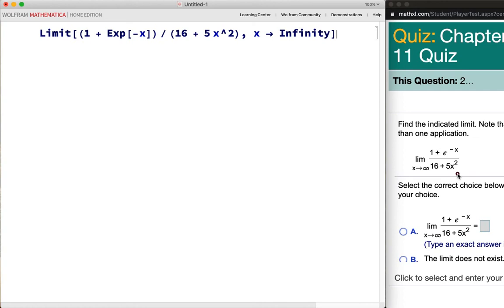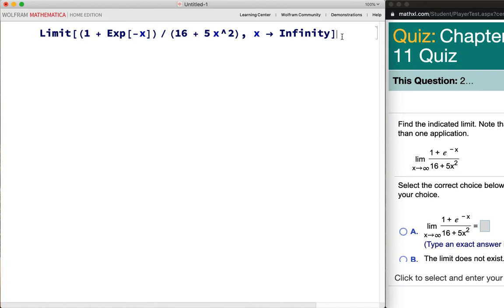So what happens is we're taking the limit of this fraction where the numerator gets closer and closer to the number 1, but the denominator becomes arbitrarily large as x becomes arbitrarily large. So what's going to happen to the value of the fraction? Well, the value of the fraction will tend towards 0. So we say that the limit of the entire expression has to be 0.